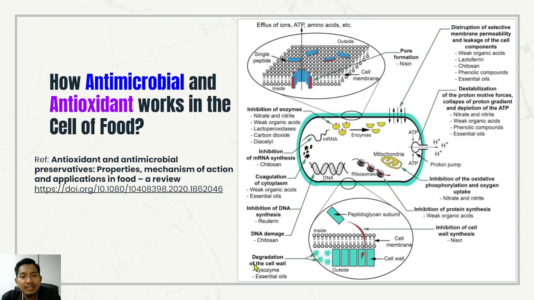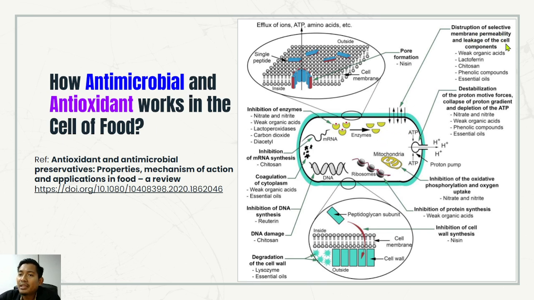Then this literature entitled Antioxidant and Antimicrobial Preservative Properties, Mechanism of Action and Application in Food. It is a literature review paper on how antimicrobials and antioxidants work in the cell of food. We may take some examples in this area.